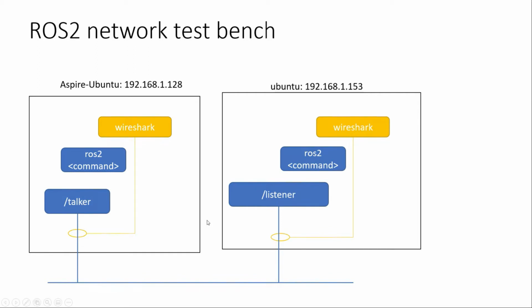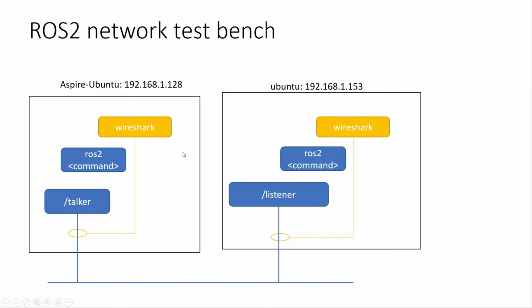So the environment here looks different from ROS1. It has no ROS master, and ROS2 uses multicast across the network to communicate between nodes. So really on each machine I'm just using Wireshark to look at the loopback and the traffic going out on the network.